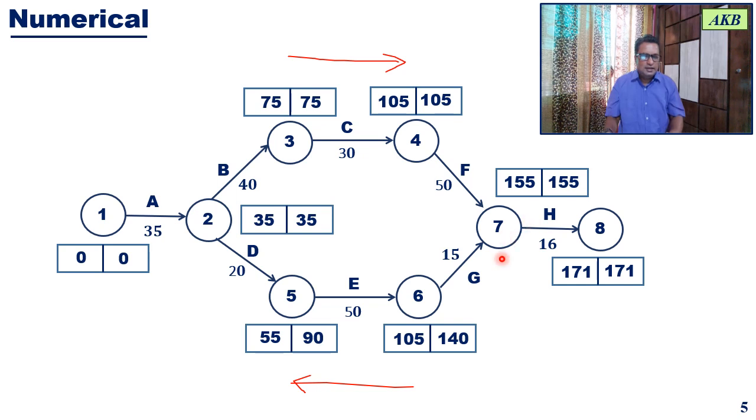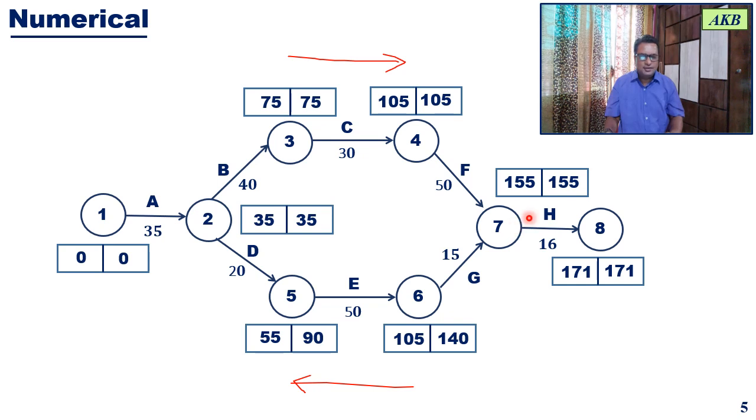Then from event 7, if you go back to event 4, you'll be going in this way. And when you go from event 7 to event 6, you'll be following this path.